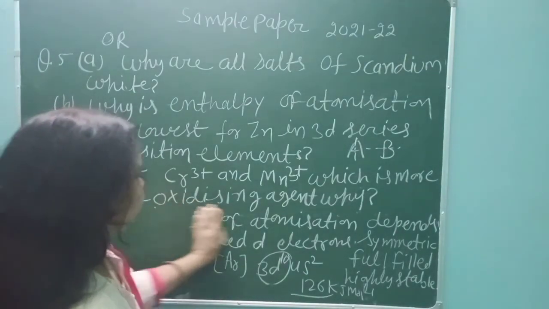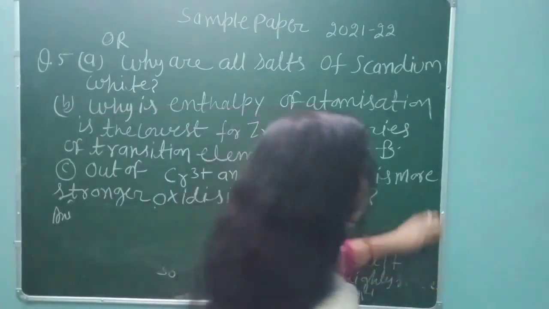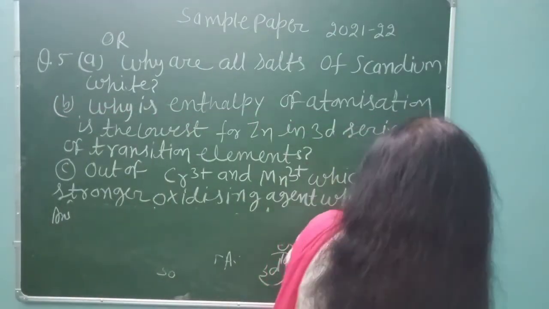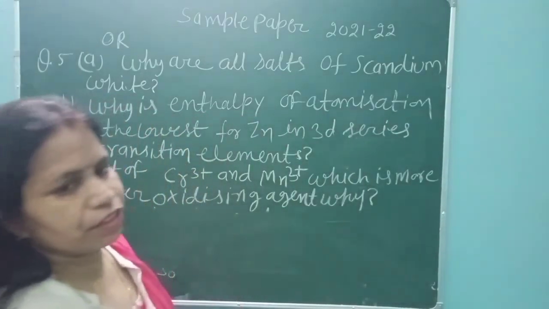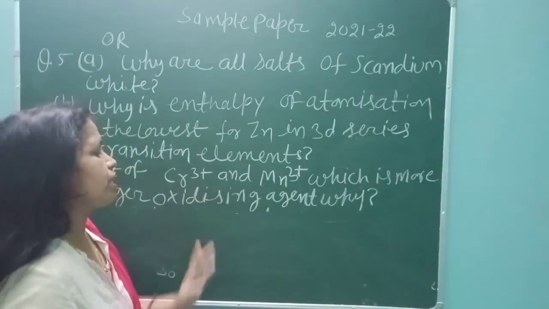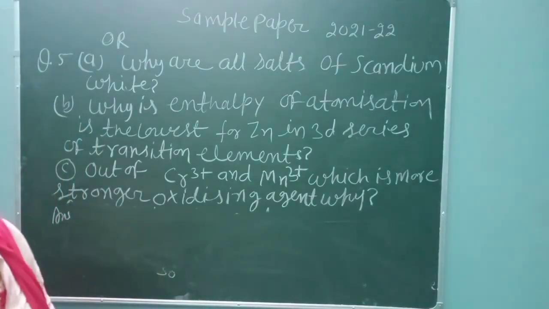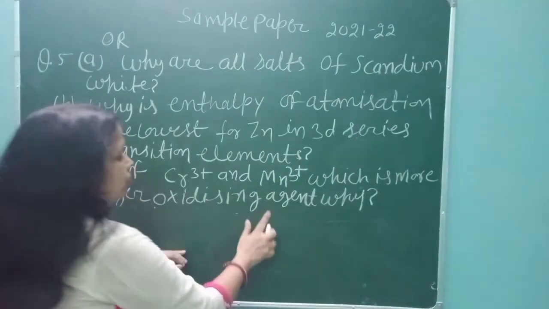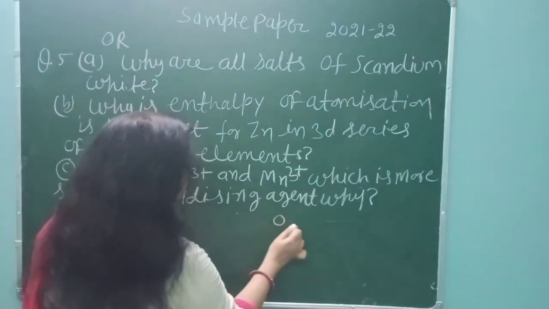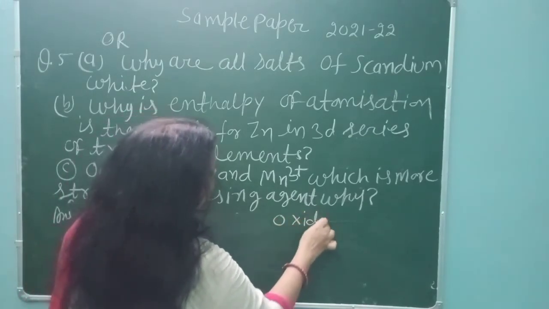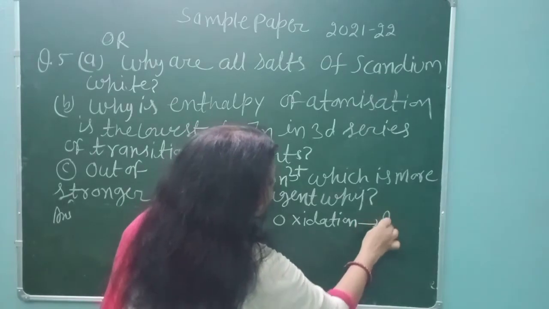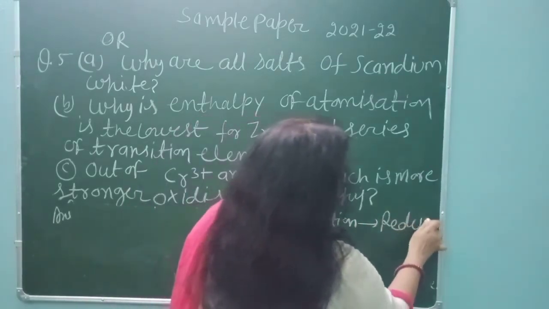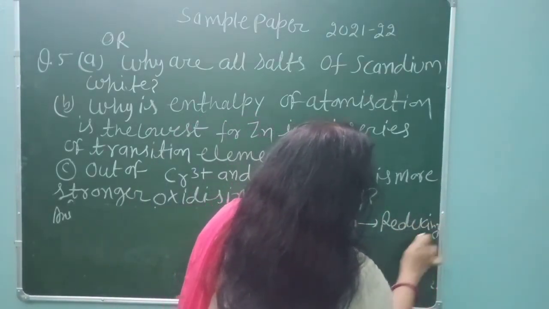Let's see question C, the 5th question, part C. What is the C part? Again you have to write the electronic configuration, and say which is the oxidizing agent and which is the reducing agent. Remember this line: that which undergoes oxidation is called the reducing agent.